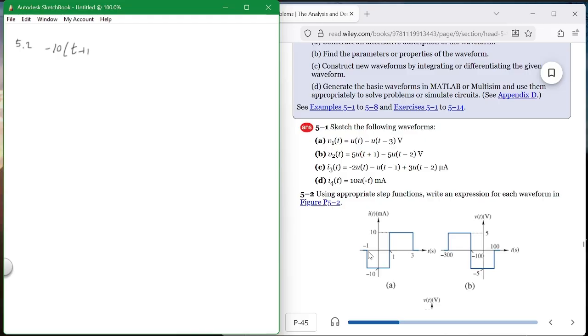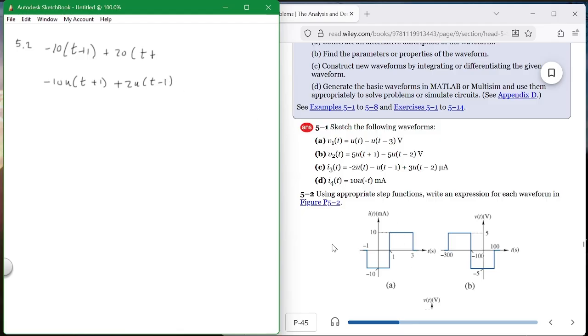So the plus is to the left. Now, I go up at t equals 1 by 20. Okay, and there should be a u in there. Minus 10 u of t plus 1, plus 20 u of t minus 1, which is that one.